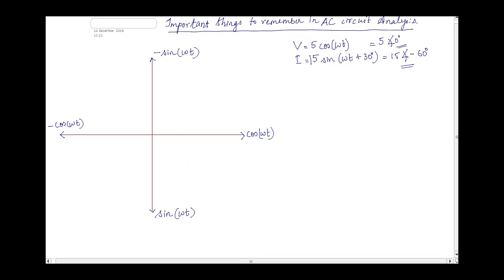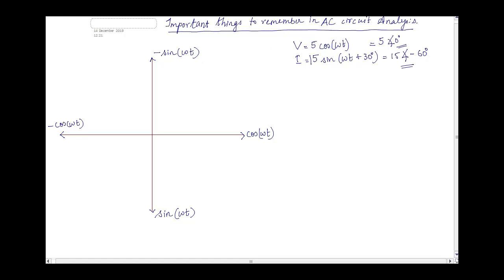Now, the important thing to remember here is that this axis is always denoted as cos omega t. So the opposite of that is minus cos omega t. And 90 degrees behind cosine you have sine omega t, and opposite of that you have minus sine omega t.